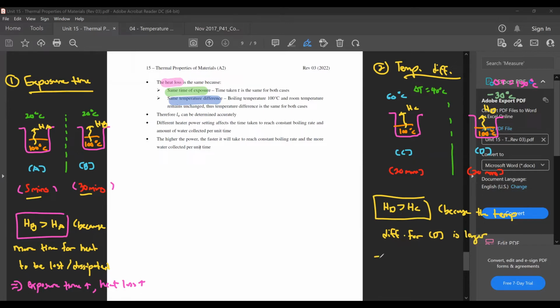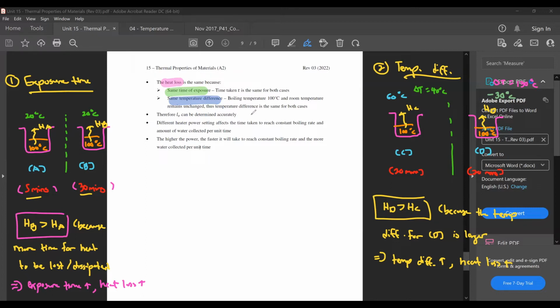So in general, what we can say here is if your temperature difference is larger, your heat loss would be larger. So that's why D here would have a larger heat loss.